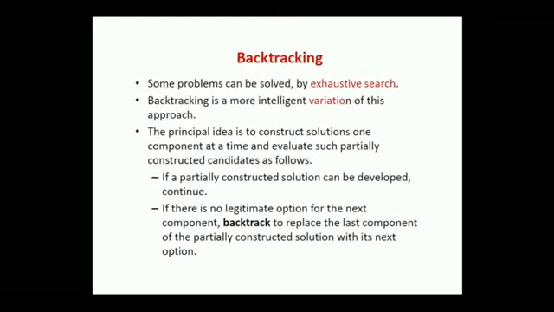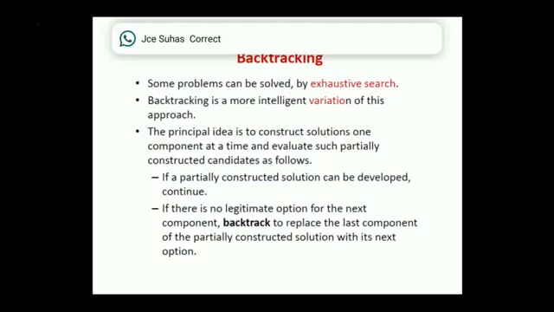The principal idea here is to construct solutions one component at a time and evaluate such partially constructed candidates as follows. If a partially constructed solution can be developed further without violating the problem's constraint, then it is done by taking the first remaining legitimate option for the next component.